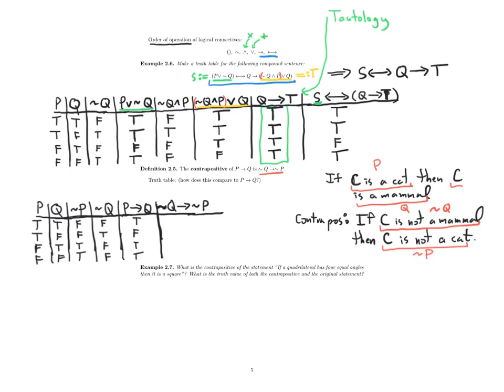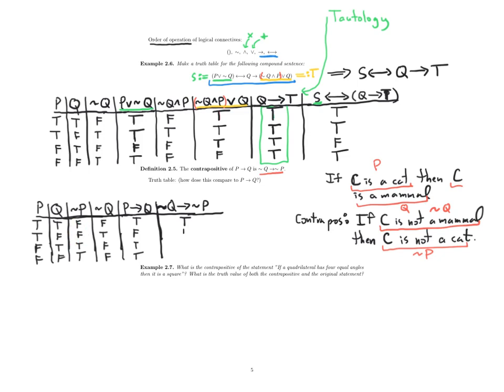Not Q implies not P. Well, let's look at this. Remember, this is going to be false exactly when the if part is true and the then part is false. So, here we have false, false. So if the if part is false, we know that this is going to be vacuously true. Here we have the if part is true, the then part is false.